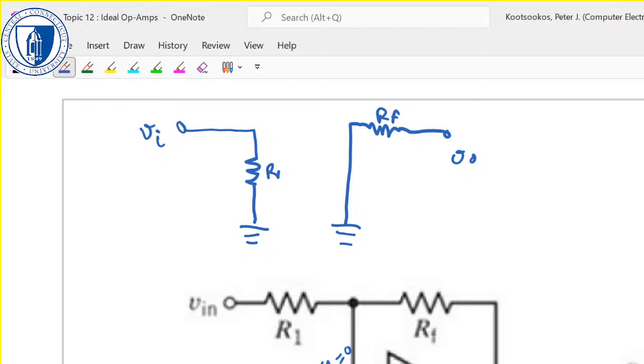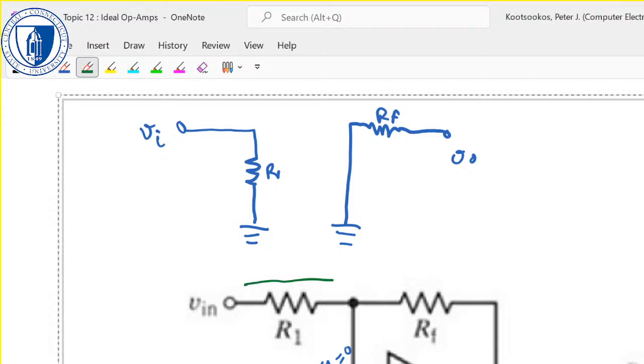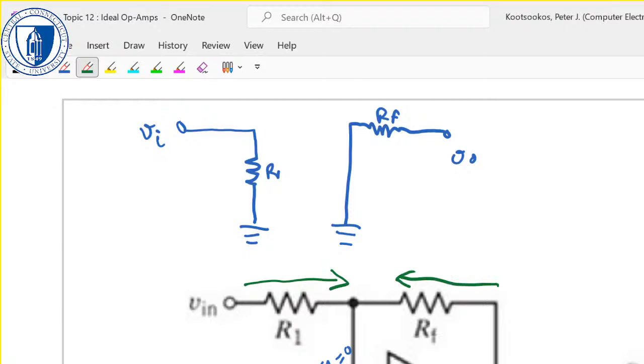Right, so that's effectively what we've got. But now let's think about, like I said, we're interested in currents. So that's I in, and that's I out, even though it's going in, it's coming from the output.